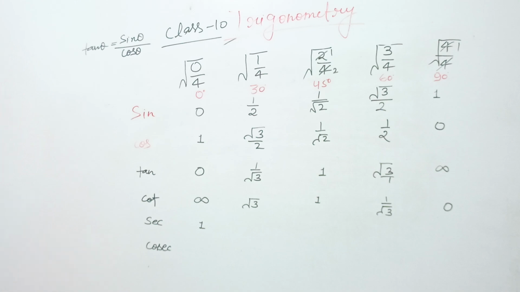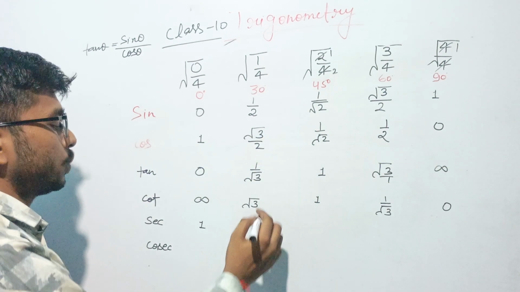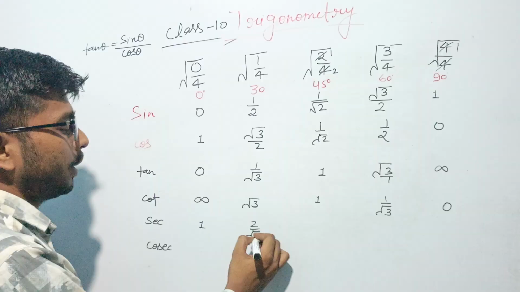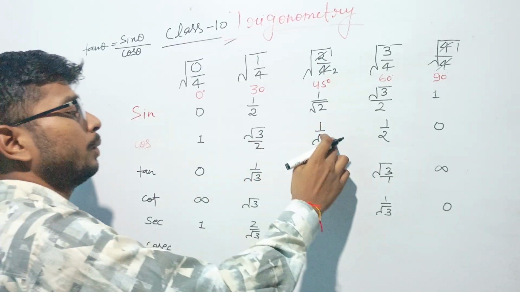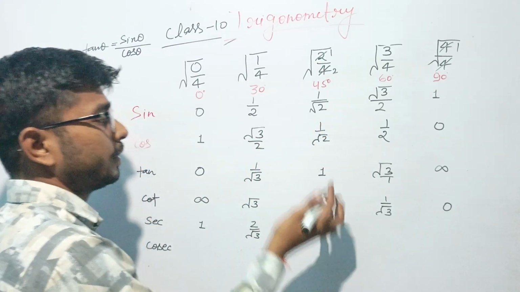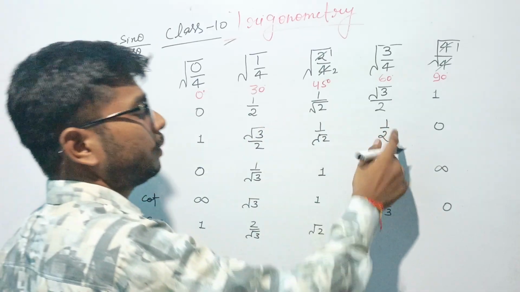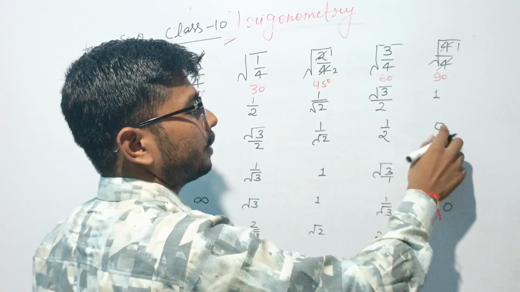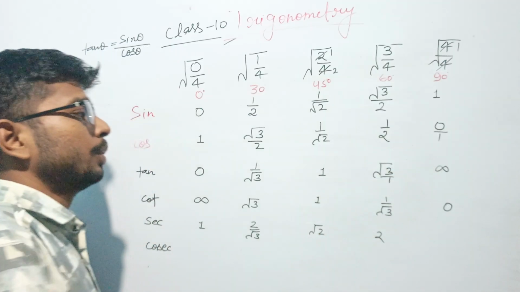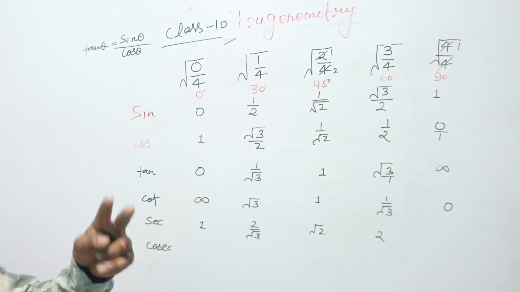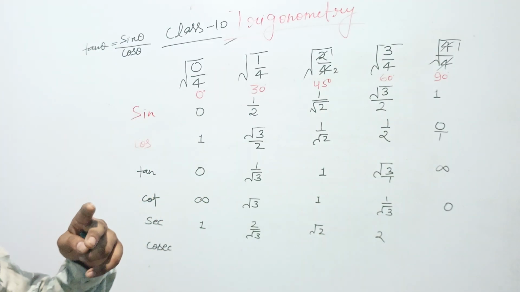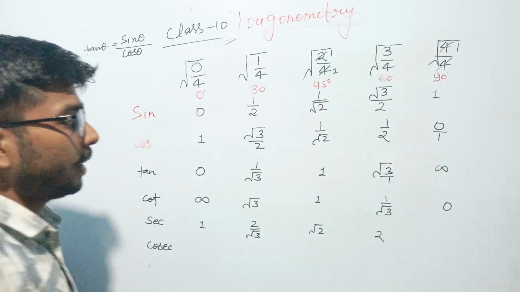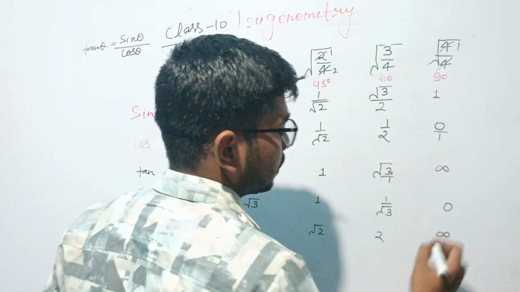Reciprocal of root 3 by 2 is 2 by root 3. Then reciprocal of 1 upon root 2 is root 2. Reciprocal of 1 upon 2 is 2, and reciprocal of 0 is 1 upon 0. If you divide by 0 any value, you will get infinite. So remember this.